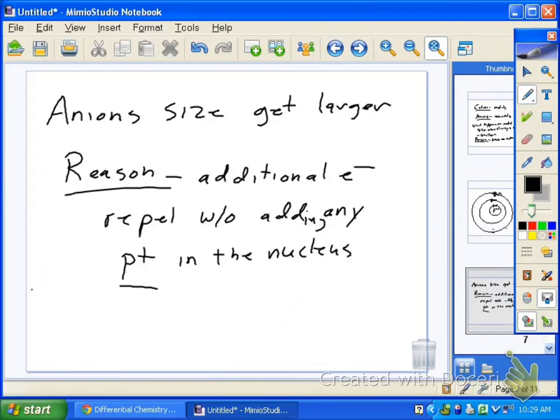So we're adding electrons, and the protons are not being added, so there's not additional pull from the center. They're just adding all these same charges to the same area. Well, they've got to get bigger. We're not adding any more pull on those extra electrons. So they're going to get farther away.